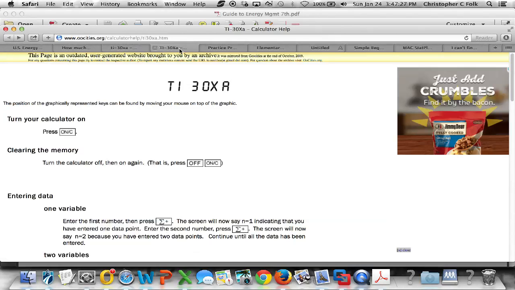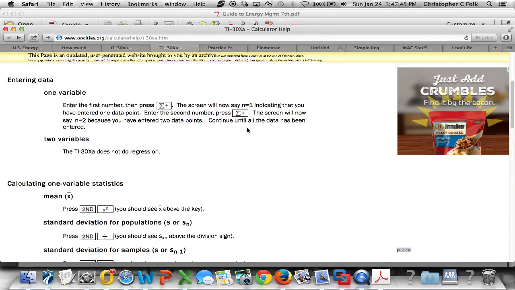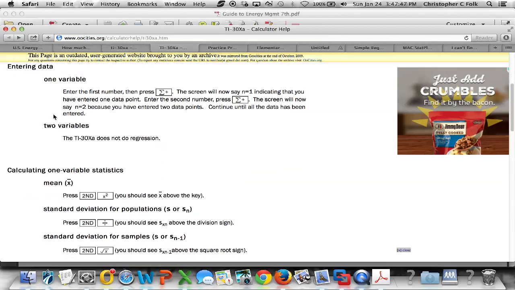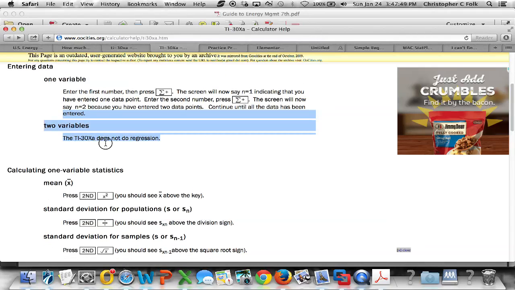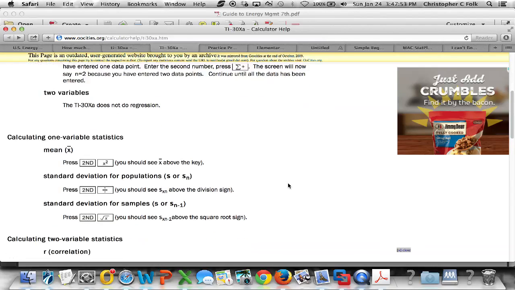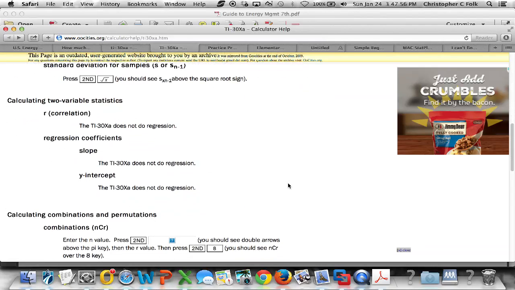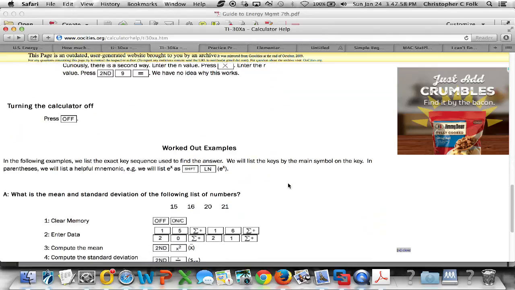So I've got a web page shown here on the screen that I will put a link for on our website under week 2 content, and this is an information sheet on how to use the Ch1-3. And as I was reading through this, it tells me that the Ch1-3 does not do regression. So unfortunately, we're not going to be able to use this calculator, but it's still a pretty powerful calculator.